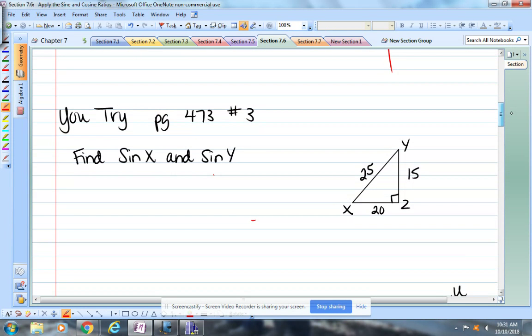Y'all try this one real quick. Find sine x and sine y for this triangle. We'll do some cosines.